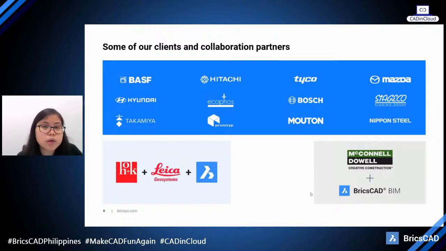Together with HOK and Leica Geosystems, Bricsys has a Scan to BIM initiative. Leica Geosystems, for those who are not familiar with them, is a company that is quite popular in scanning solutions. They have hardware, and of course, this is a sister brand of ours. They're also under Hexagon.